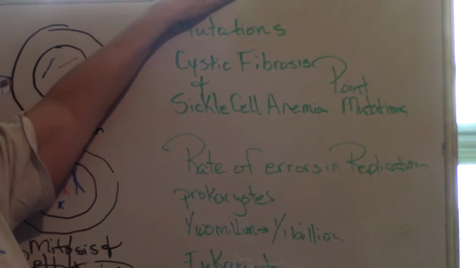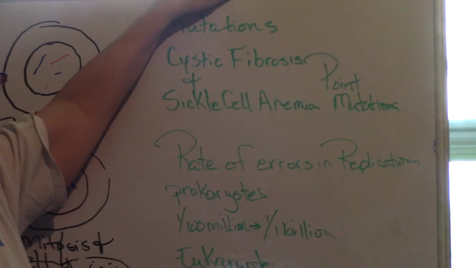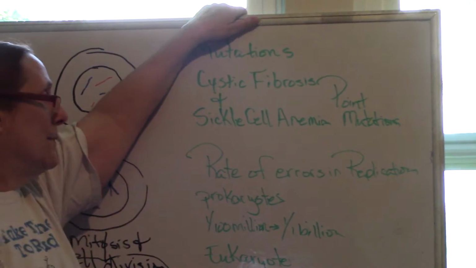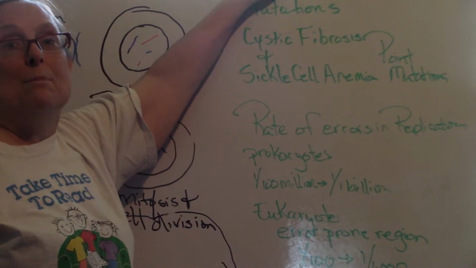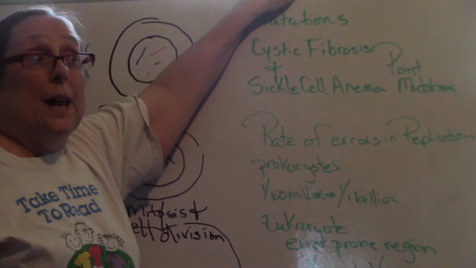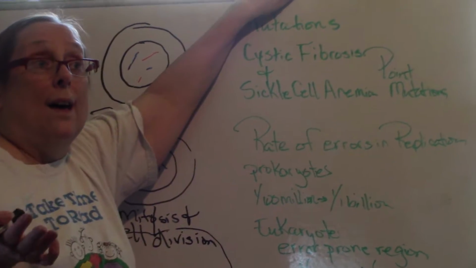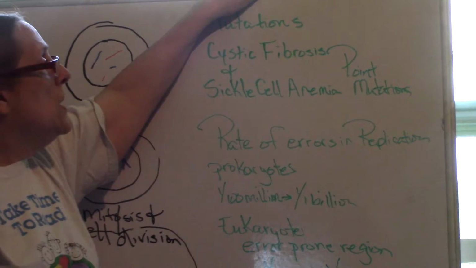Then there's an abnormal, mutated form, where there's one base pair different, and thus one amino acid is different. And we get a protein that doesn't properly move the chloride into and out of the cells, and as a result, the person has the symptoms associated with cystic fibrosis.